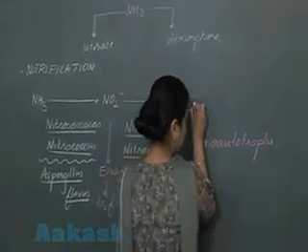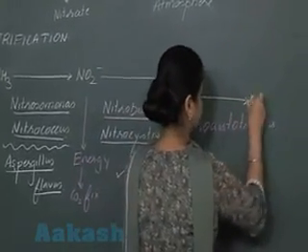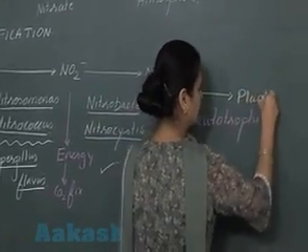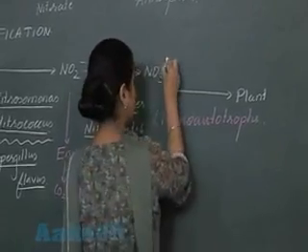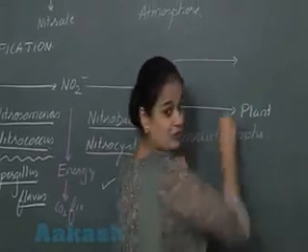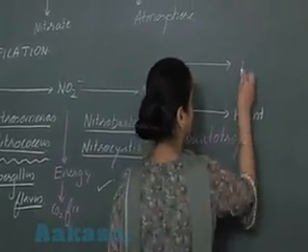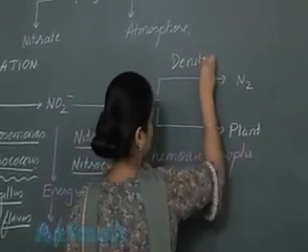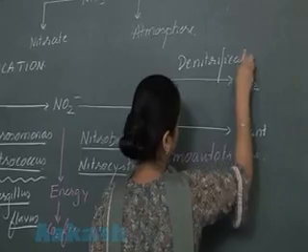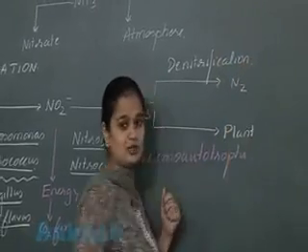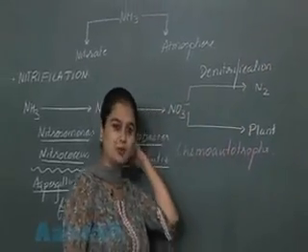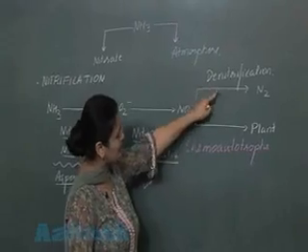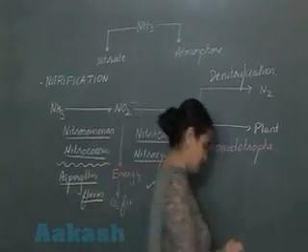So what will be the fate of this nitrate? One, the plant will absorb this nitrate, and second, some of the nitrate is converted into gaseous nitrogen. It is lost from the soil, becomes part of the atmosphere, and the process is known as denitrification.